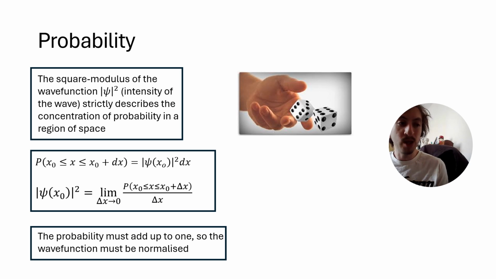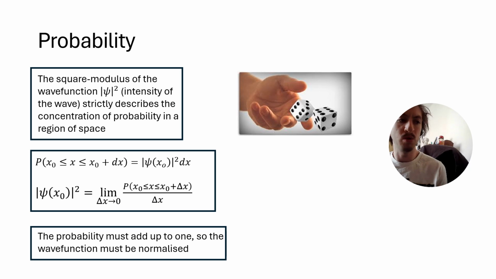Now, the thing we know about probability is that probabilities have to add up to 1, which is essentially saying something has to happen, or we have to observe something. For example, if you roll a dice, you might not know what side is going to be face up when the dice stops rolling, but you'll know one of the sides will be face up.